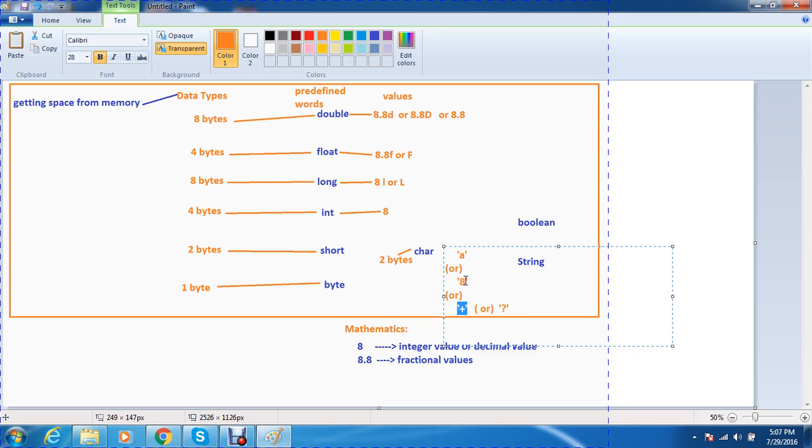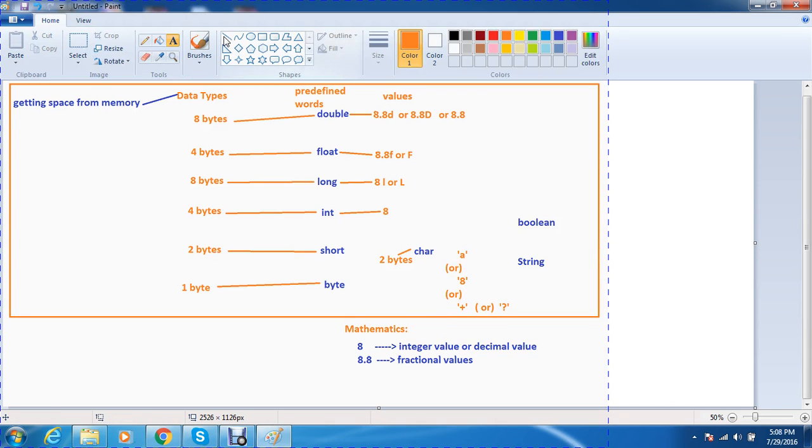So this is our char value: any single alphabet or character, any single digit, or any special operator or special character within single quotation marks is called a char value.